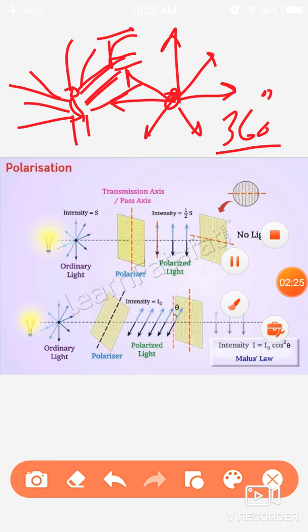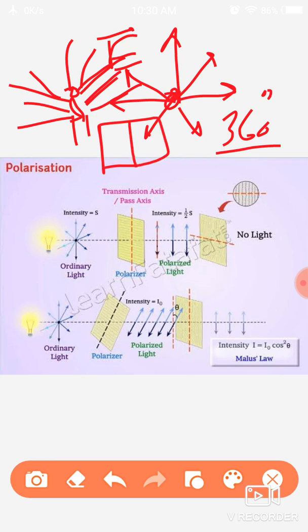On the other hand, if we take a barrier which has only one slit of very tiny space, then when this light passes through this slit, the vibration perpendicular to the slit direction will be blocked by it. Only the upward and downward vibration of the electric vector will be present in this light beam.